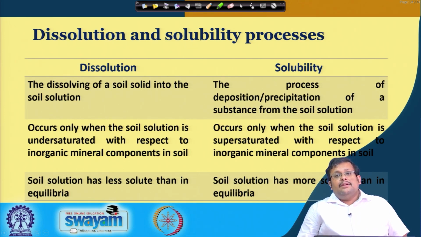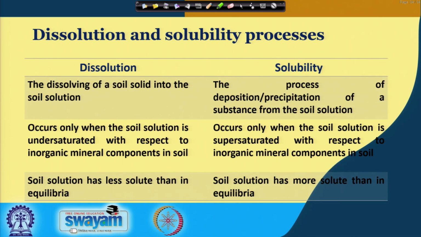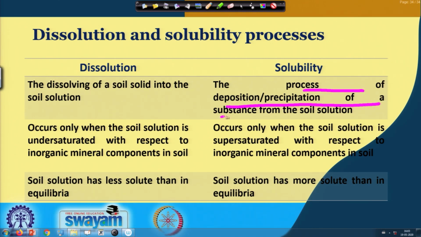So, another thing that generally comes to our mind, what is the difference between dissolution and solubility processes. Now, there is a difference between these two terms. Dissolution is basically dissolving of a soil solid into the soil solution, whereas solubility is the process of deposition or precipitation of a substance from the soil solution.